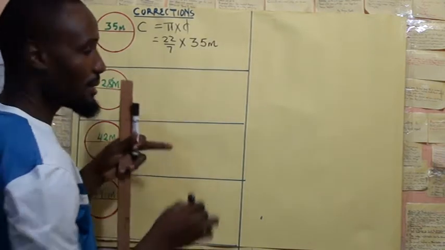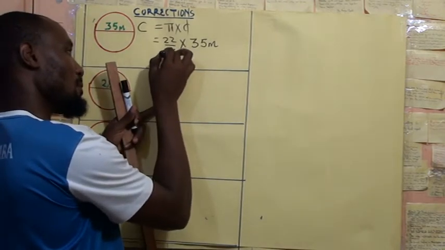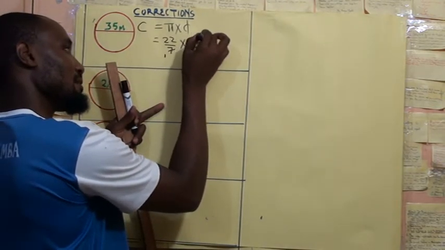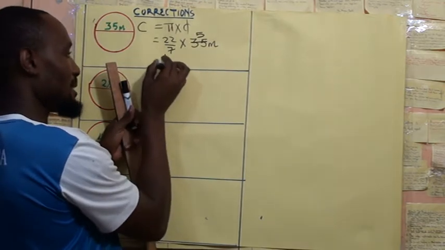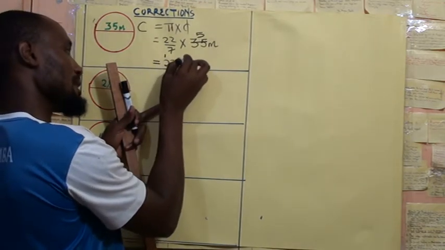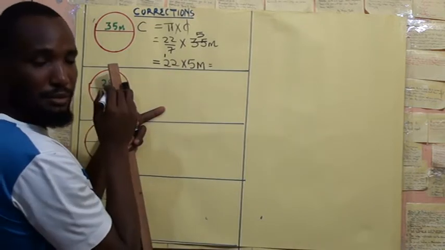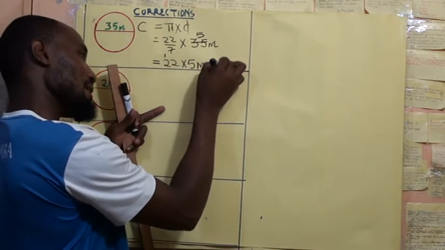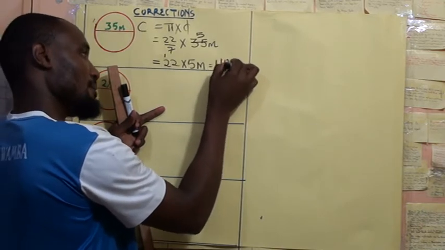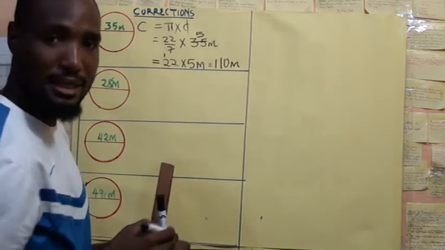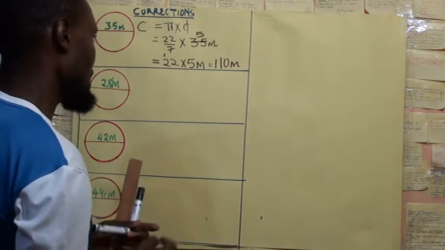After that, you simplify. 7 goes here 1, 7 goes here 5. Then you come down and say 22 times 5 meters. All of us know 22 times 5 is 110 meters. So the circumference is 110 meters.